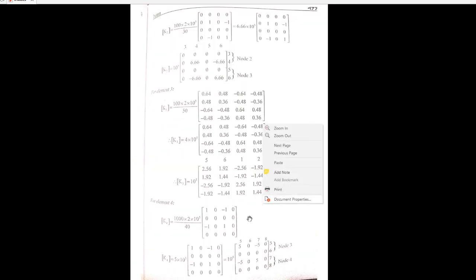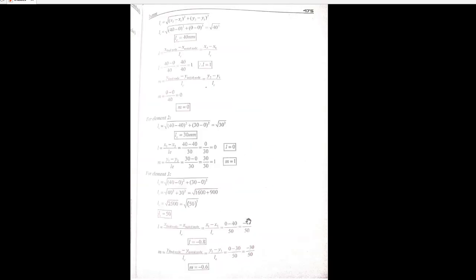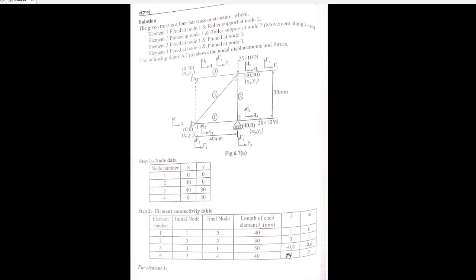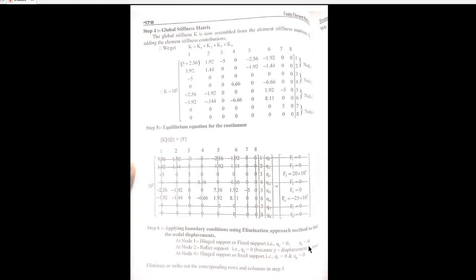Q5 is 0.008, Q6 is minus 0.032. What is the value of L3? L3 is 50. L is minus 0.8, M is minus 0.6. Correct now?